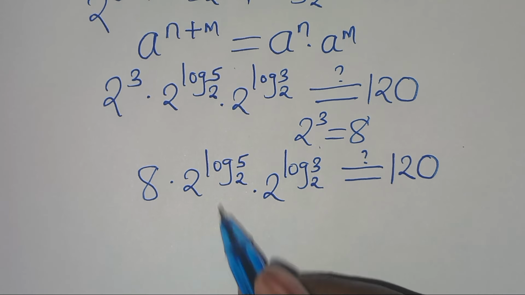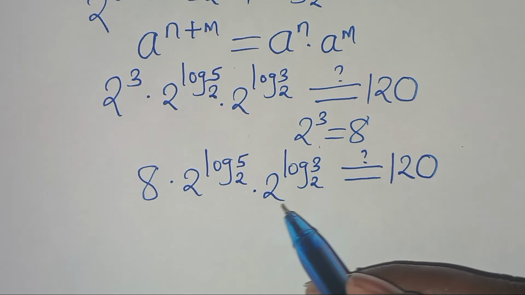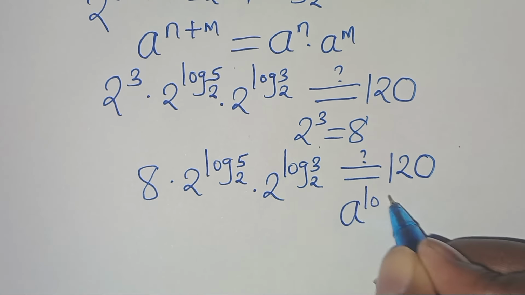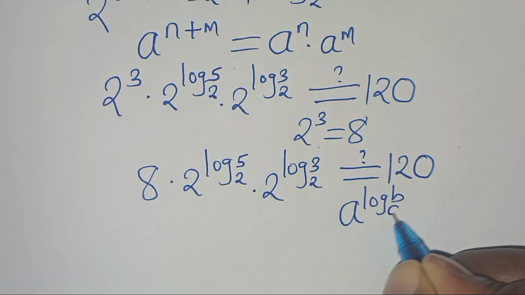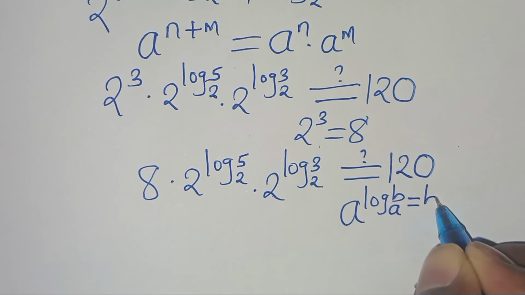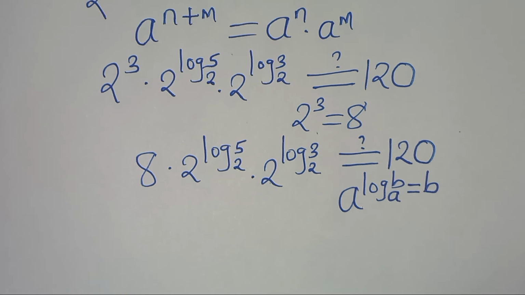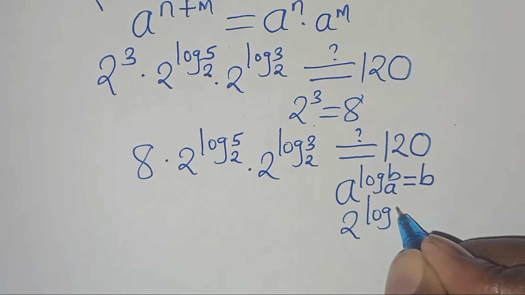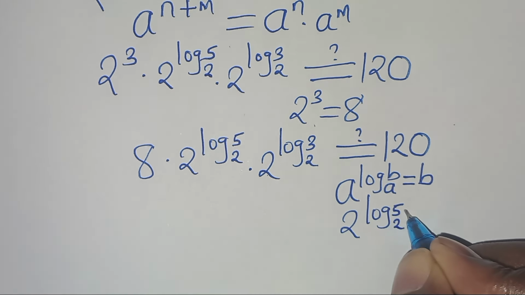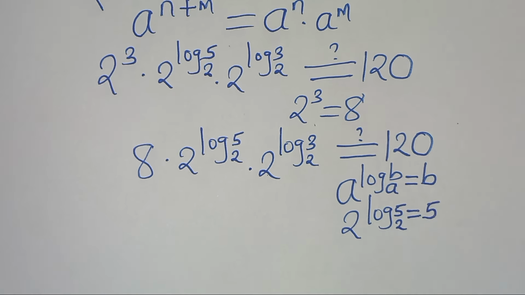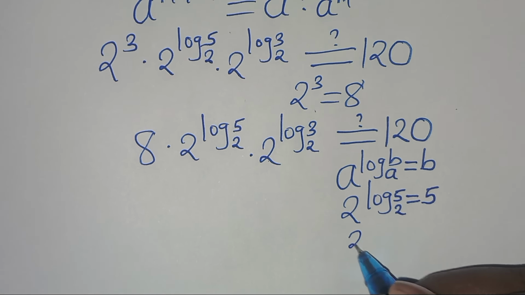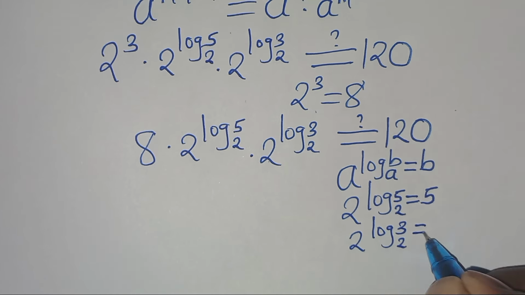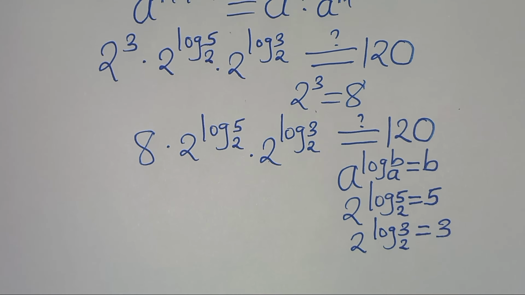Now, 2 to the power of log 5 to base 2 and 2 to the power of log 3 to base 2 are in the form of a to the power of log b to base a, and this is supposed to give us a value of b. So 2 to the power of log 5 to base 2 gives us a value of 5, and 2 to the power of log 3 to base 2 gives us a value of 3.